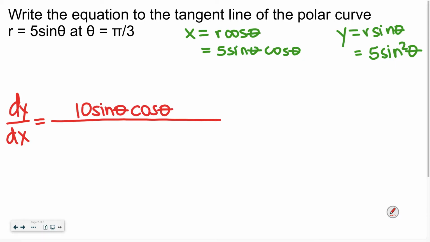Derivative of the outside, keep the inside the same, times the derivative of the inside. Our denominator is dx d theta, so we need to take the derivative of this with respect to theta. Yeah. So we're going to use the product rule. That's okay. Good with that? I want to make sure I show all my work.